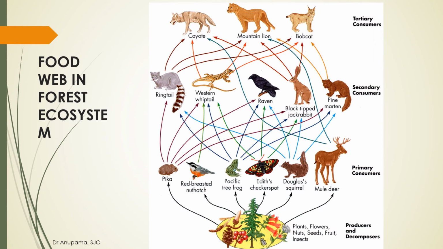The trees can be eaten by all these primary consumers, right from the deer to the squirrel to the butterfly, even a frog, even a bird. All of these can feed on that. Then these can be fed upon by the secondary consumers, and then these are the tertiary consumers.